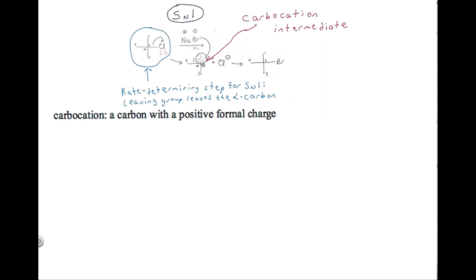This is called an intermediate because it's the product of the first step in the SN1 mechanism, and it's also the starting material for the second step in the SN1 mechanism. So an intermediate is something that is used in the middle of a mechanism as a product from one step and a starting material for a succeeding step. So SN1 reactions have a carbocation intermediate.